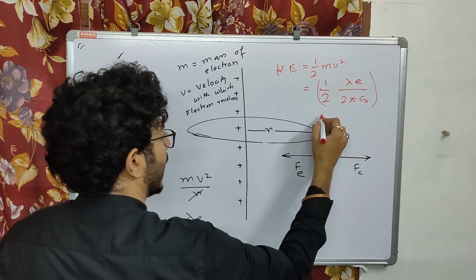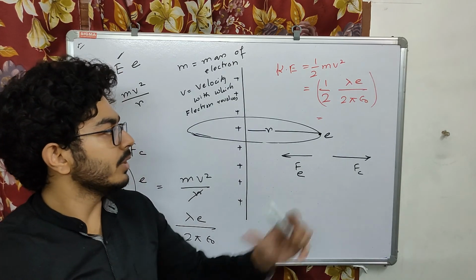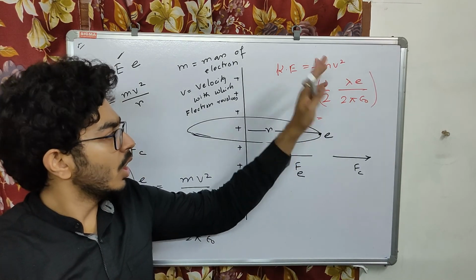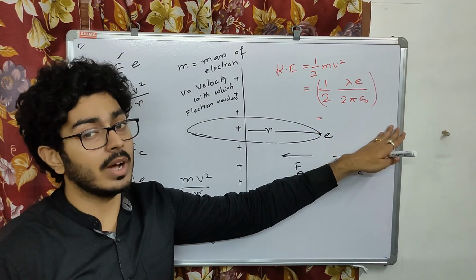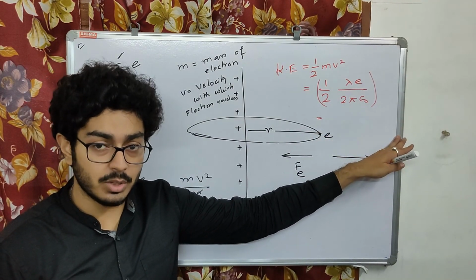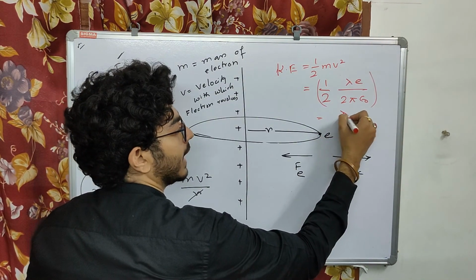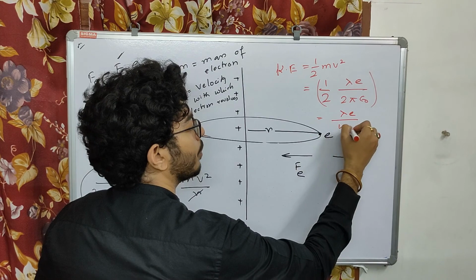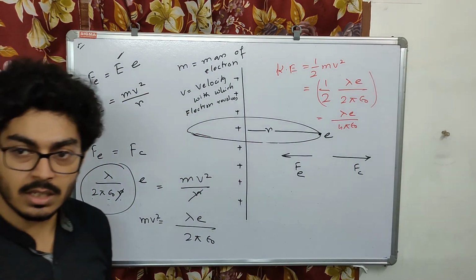So half of that is lambda e by 4 pi epsilon naught, and we know the value of 1 by 4 pi epsilon naught is 9 into 10 to the power 9. If you put in these values, you are going to get the answer.